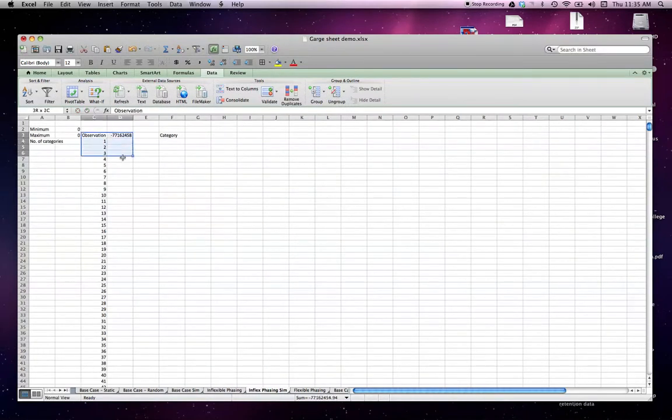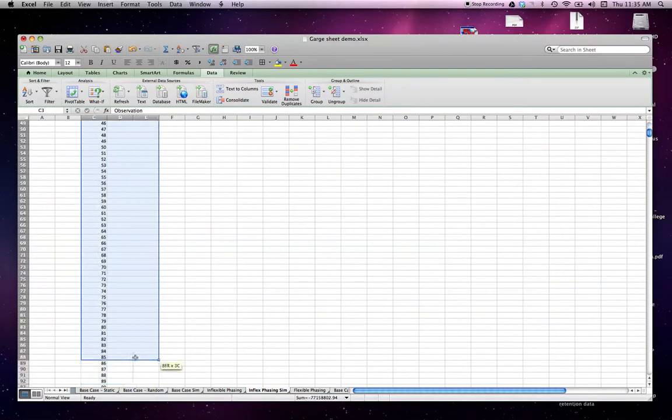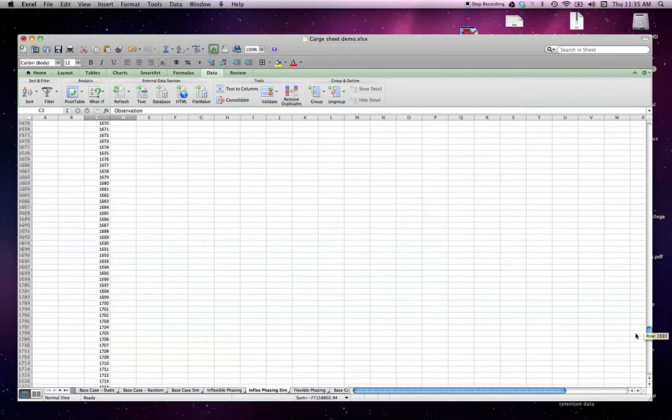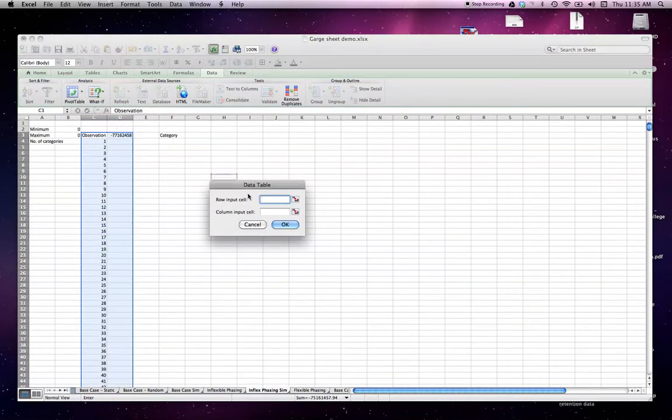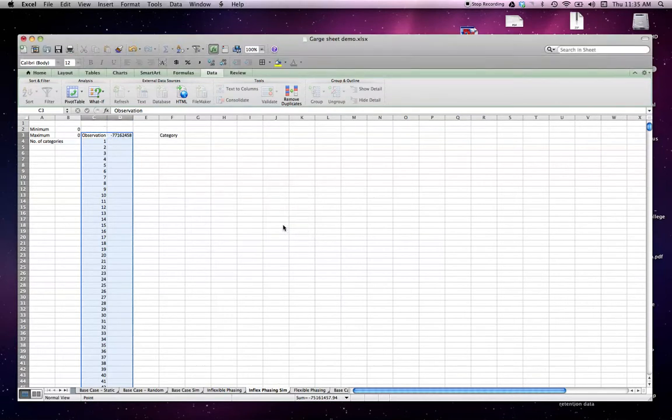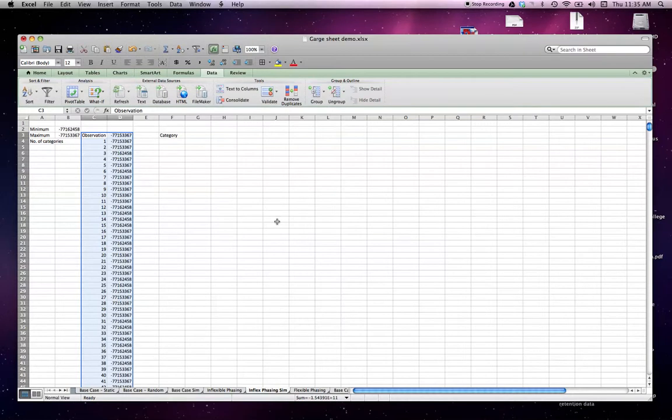And I think maybe what I did was I should have had that as the top thingy. So what if data table and the column is here? There we go. Okay, so there's the minimum and maximum.